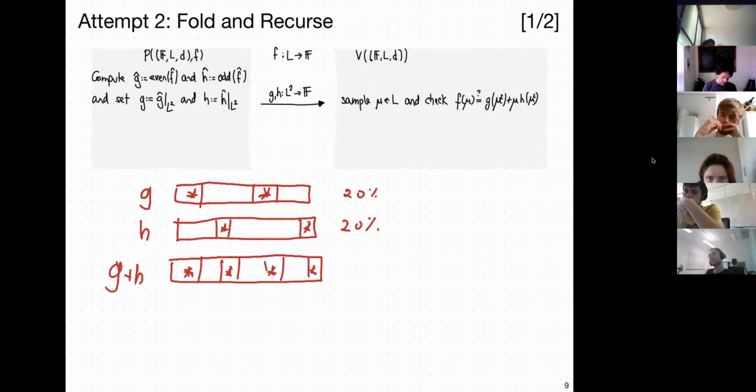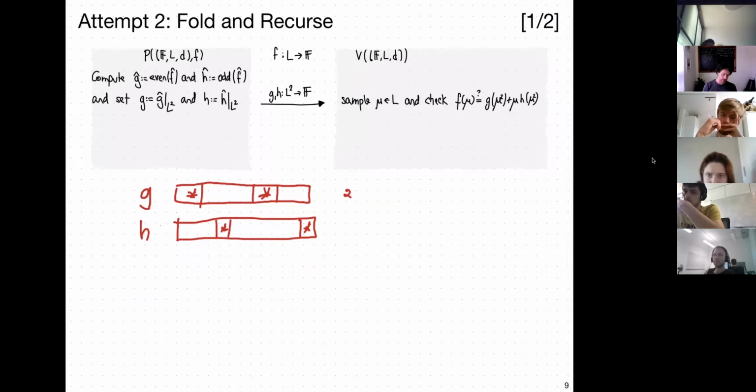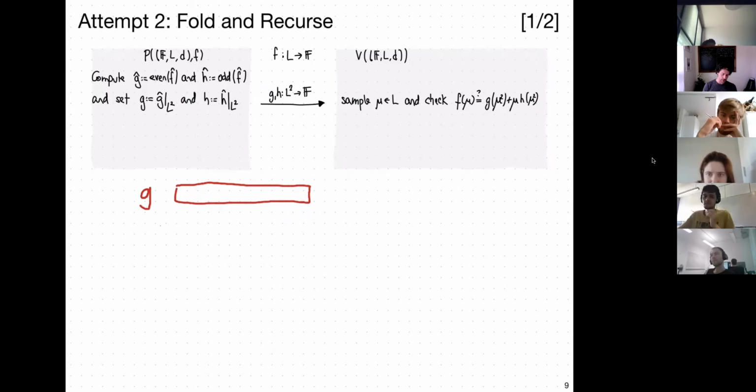So maybe to make it even more concrete, think about the code word being, I can't erase, I can only undo. Okay. So think about the code word being the all zero code word. So it's 0, 0, 0, 0, and then we have 1, and then 0, 0, 0, 0, and then 7, right?